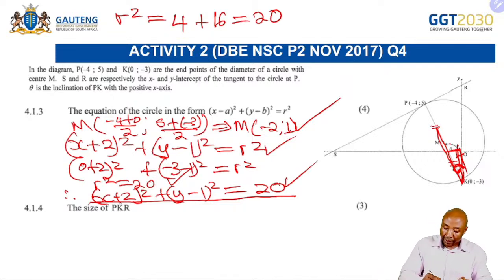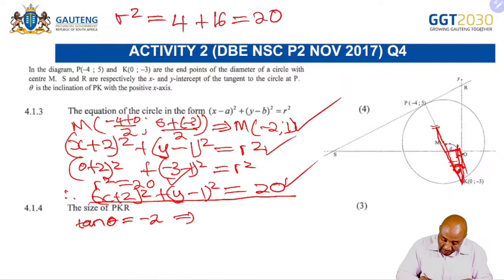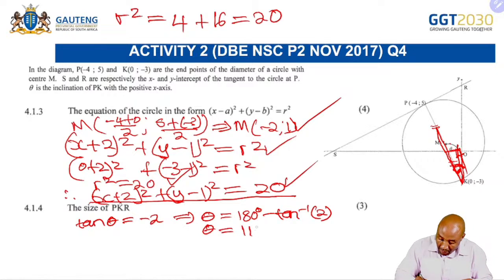So using our angle of inclination, we are able to say that our tan theta, we found the gradient of PK as -2. So meaning our theta will be given by 180 minus tan inverse of 2. And this gave our theta as 116.57 degrees.